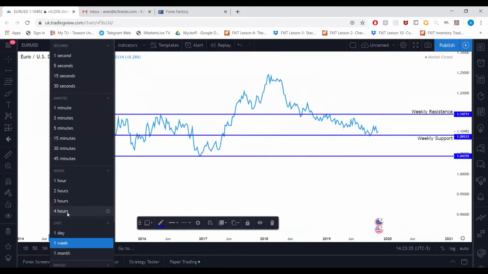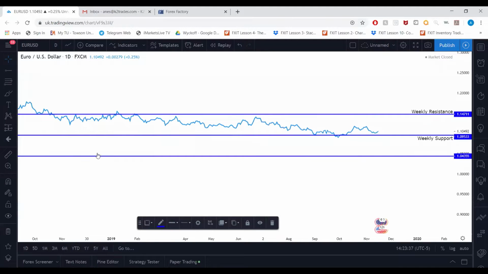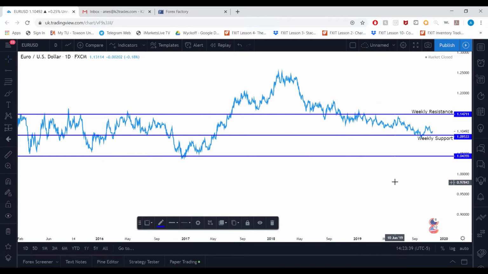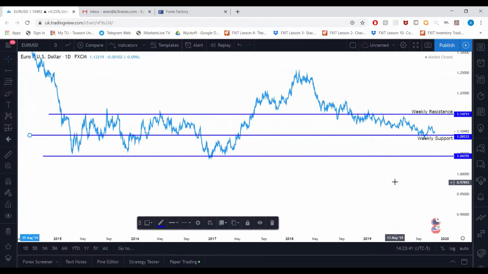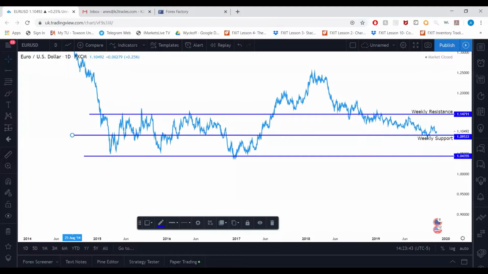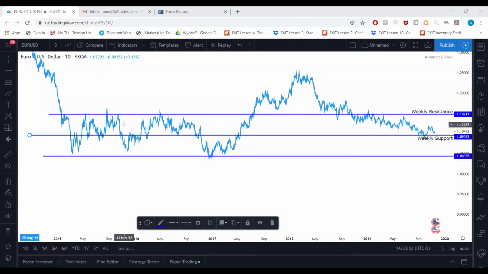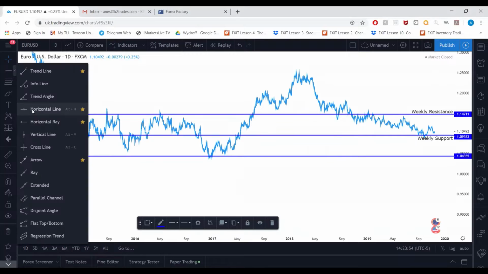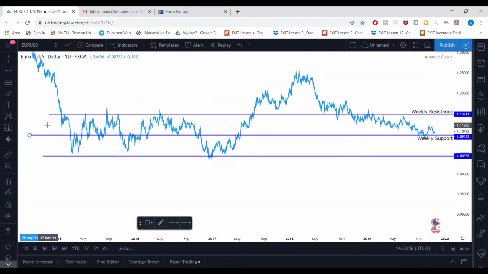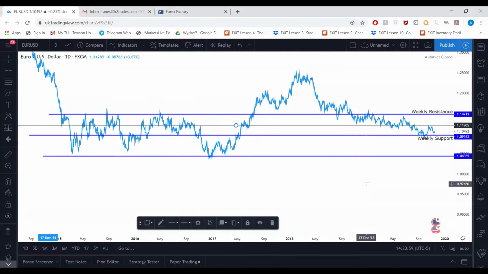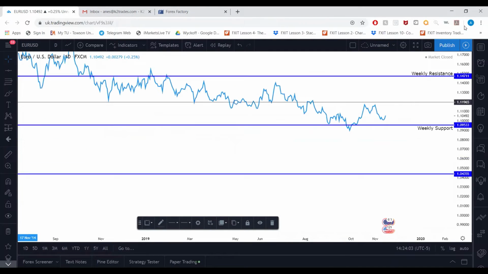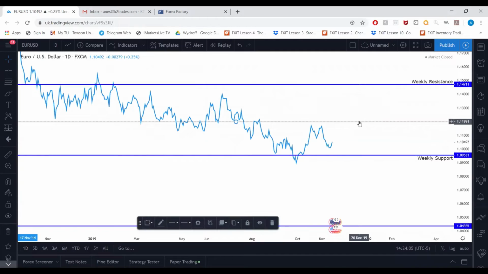All right, and let's check this on a daily. But this is daily resistance. So we do have a nice zone here to go off of.